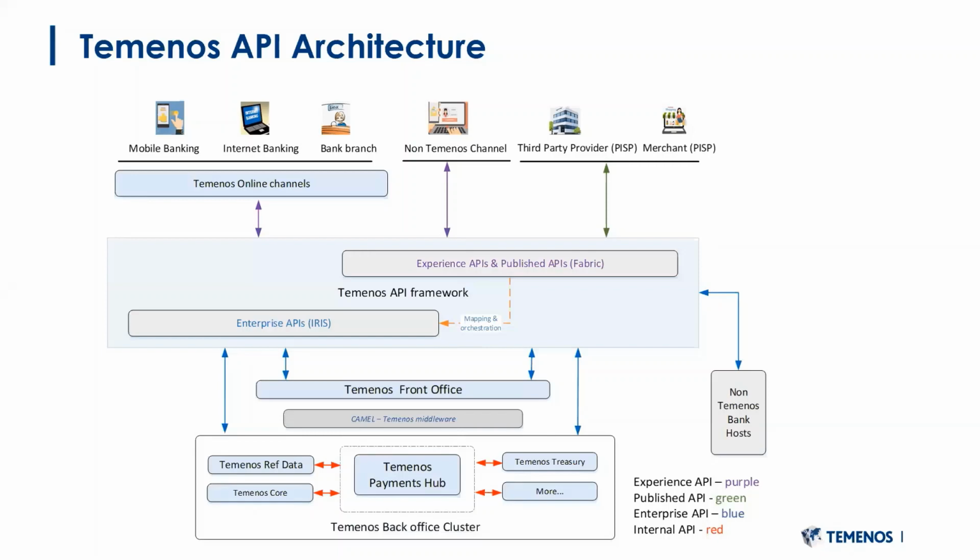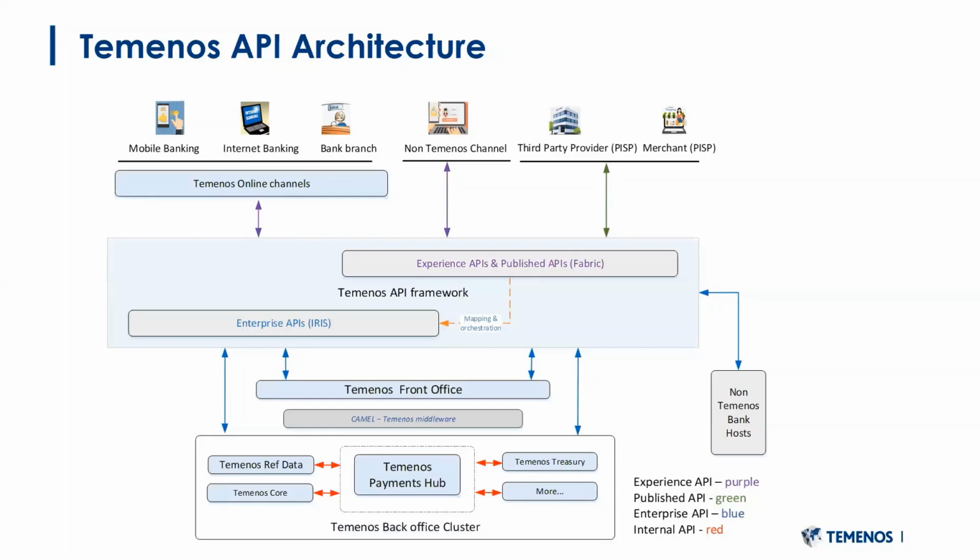So the Temenos API framework provides two distinct tools, the Fabric and the Iris that we spoke about. Fabric is typically the front-facing one, so it holds the experience APIs and published APIs, whereas Iris, which is the holder of the back office functionality, is actually holding the enterprise APIs.